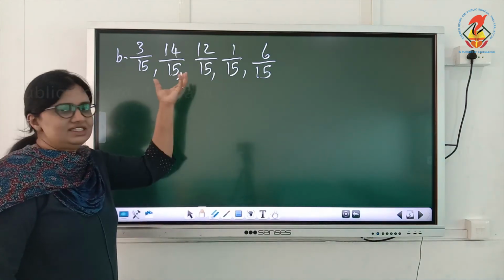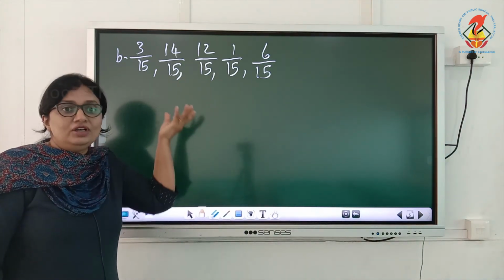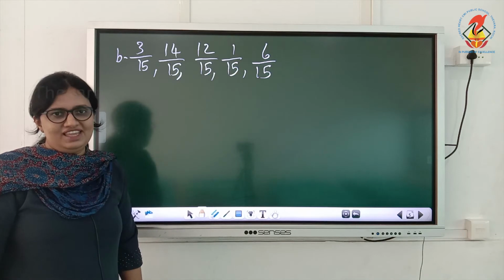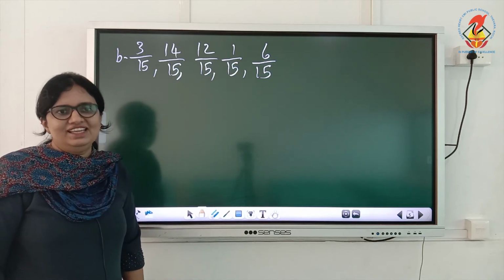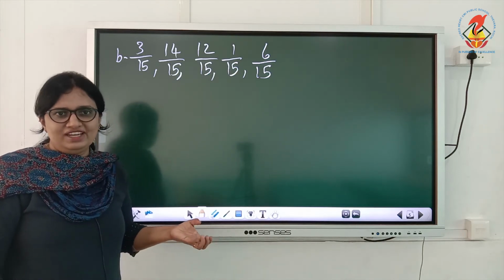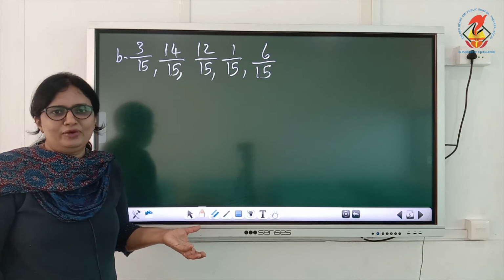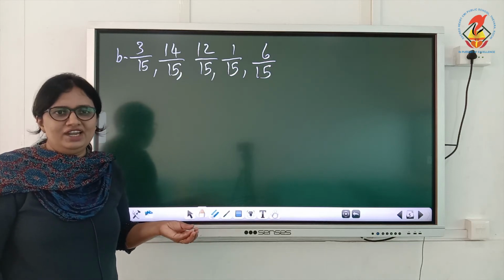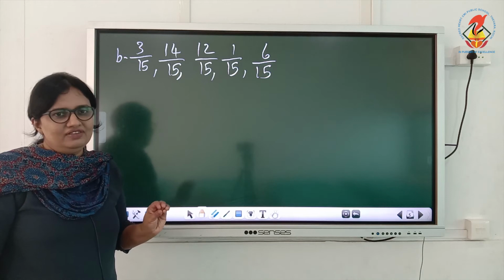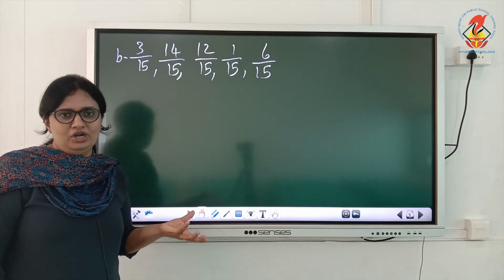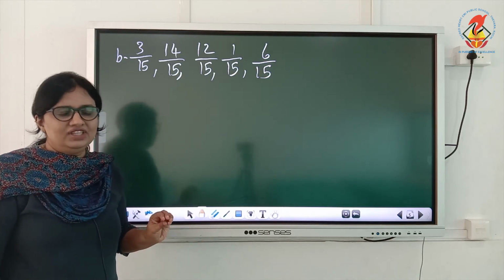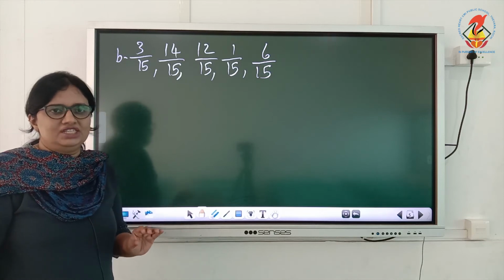And the next one. See this. Which type of fraction is this? All the denominators are same. This one is called like fraction. Then that one is easy for you, right? You need to look at only the numerator. The numerator with the smaller value is the smallest fraction, and the numerator with the greater value is the greatest fraction.